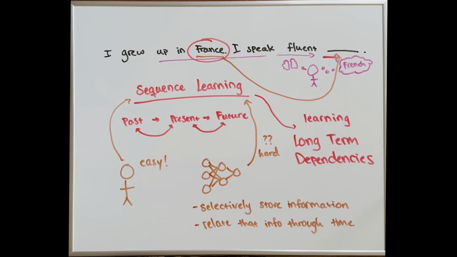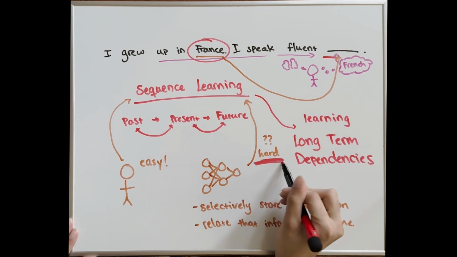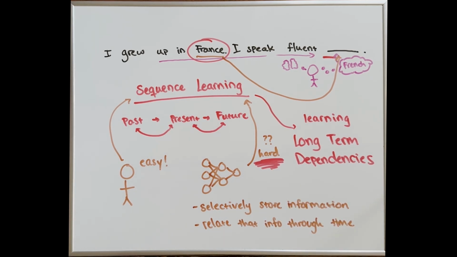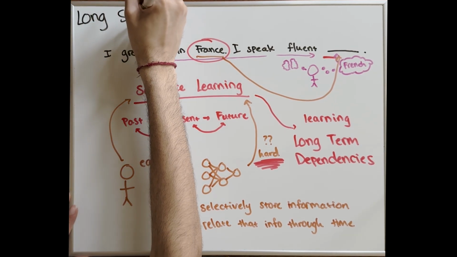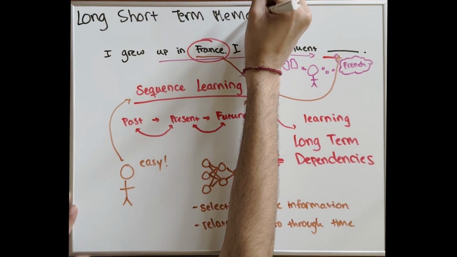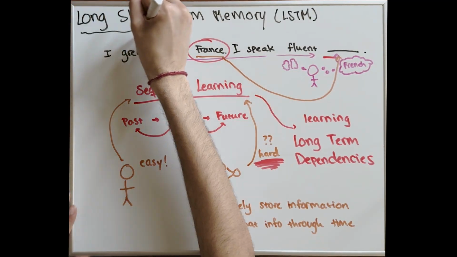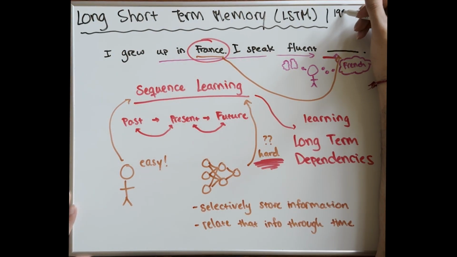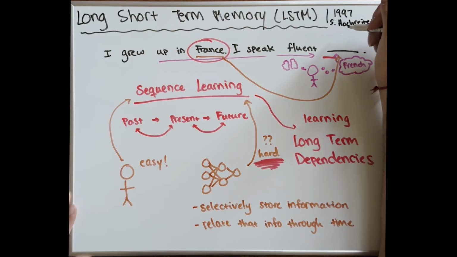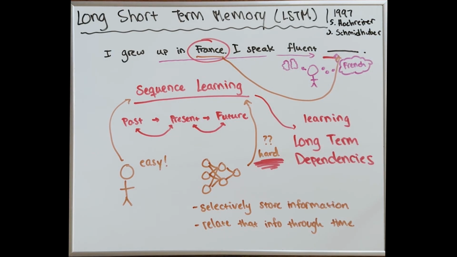Early neural nets could in principle represent these dependencies, but training them to reliably learn over long timescales was very unstable. Today's video is about the architectural response to this kind of problem. Welcome to the third video in my AI architecture series. We'll be discussing the architecture of LSTMs, or long short-term memory, introduced in a paper by Sepp Hochreiter and Jürgen Schmidhuber in 1997.